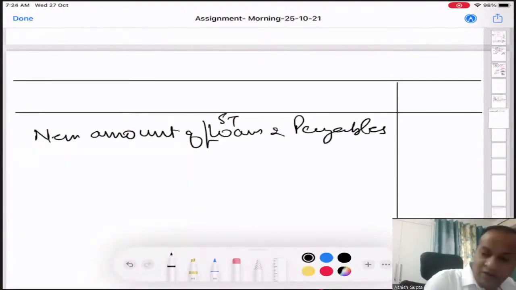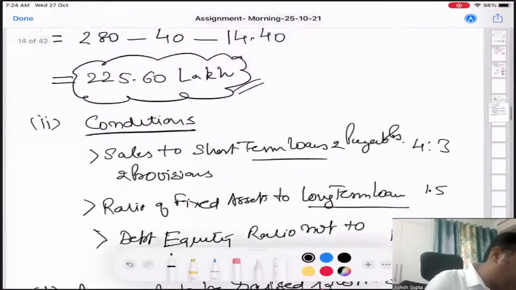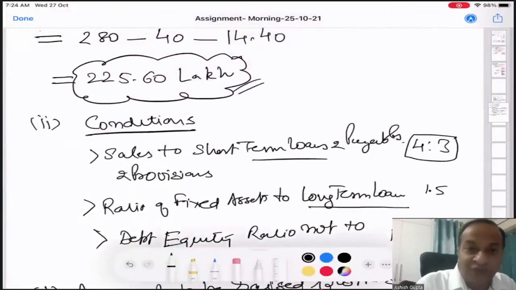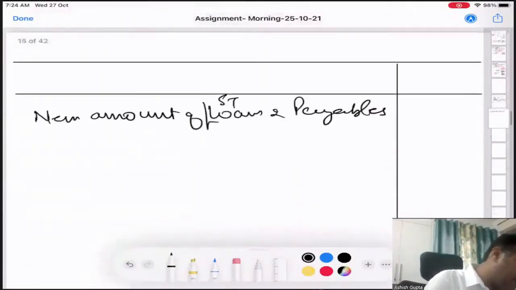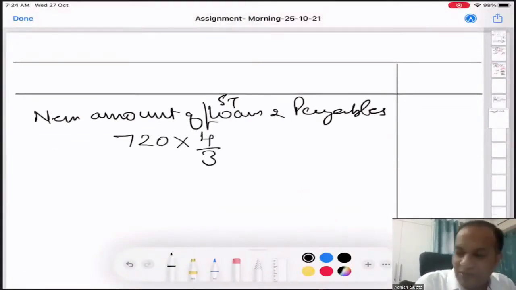Students, here the ratio should be 4:3. It means if our sale is 4, then the amount of short-term loans and payables and provisions should be 3. Accordingly, our sale is 720, so the amount of short-term loan and provision should be this much.